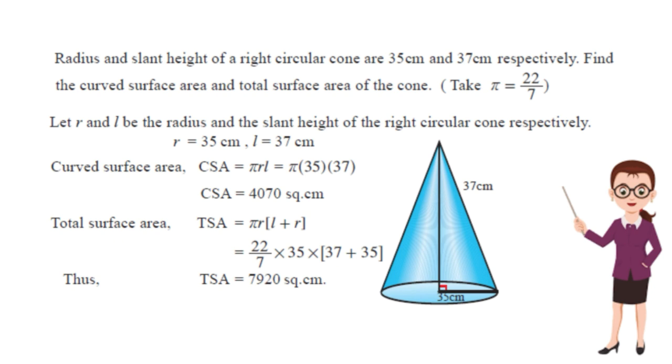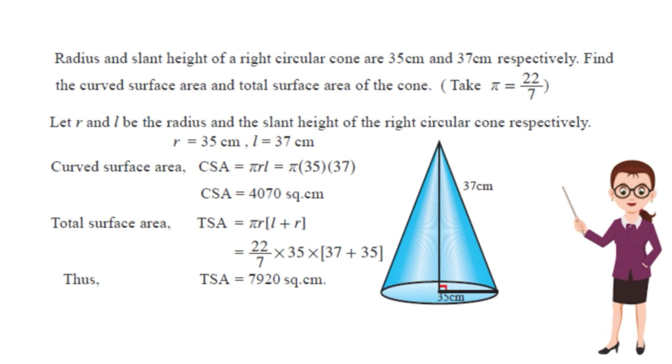So we know that curved surface area of cone is pi r l. We are given r and l both. So putting the value of pi as 22 by 7 and r and l as given, we can calculate the curved surface area as 4070 square centimeter.